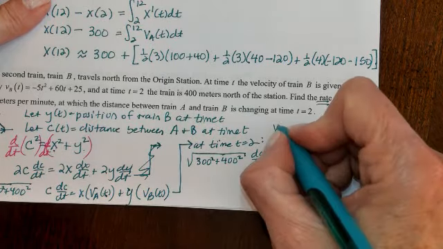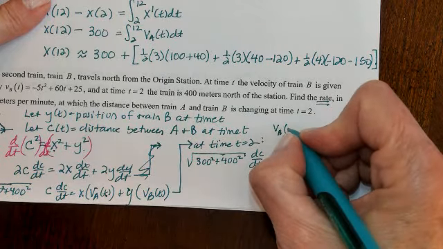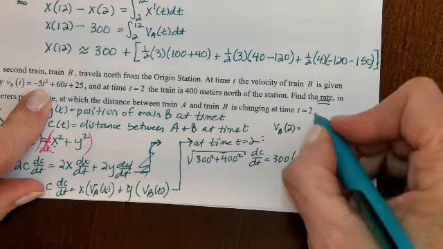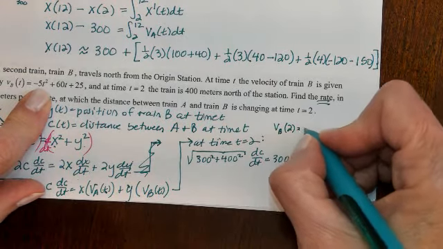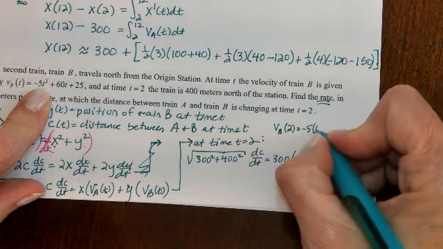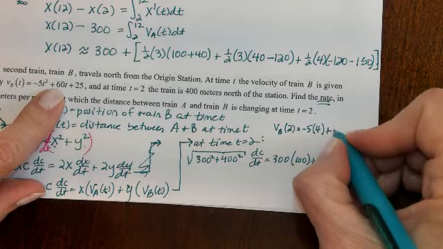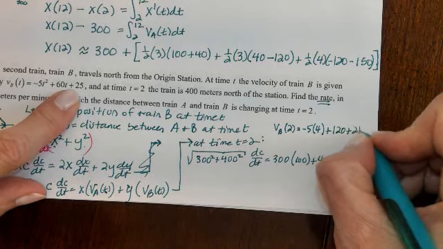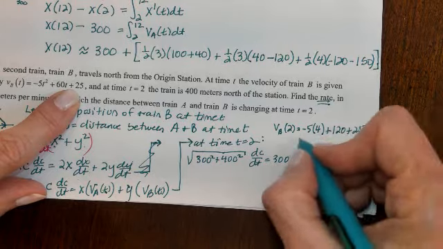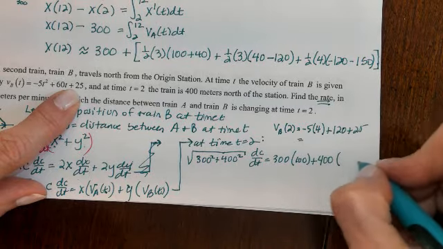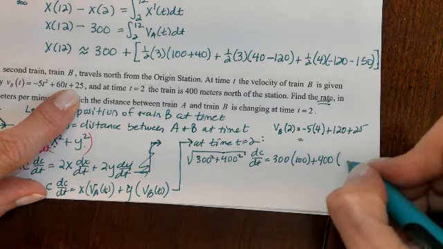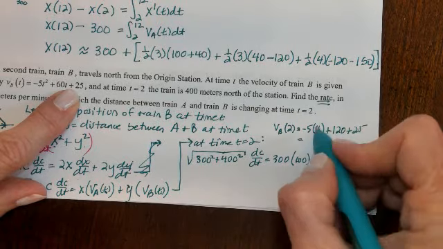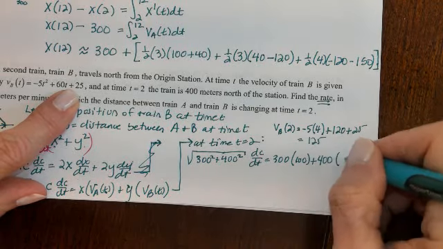So let's come up here and find that. The velocity of B at time 2, putting just 2 in for t, will be negative 5 times 4 plus 60 times 2 plus 25. Negative 20 plus 25 is 5, so this will be 125.